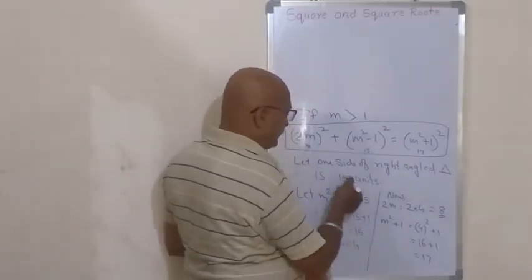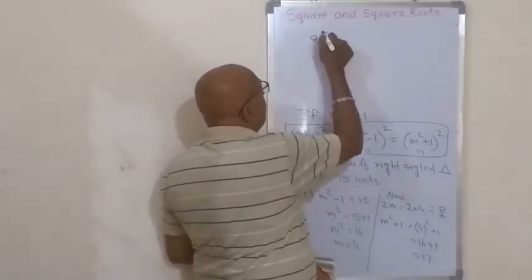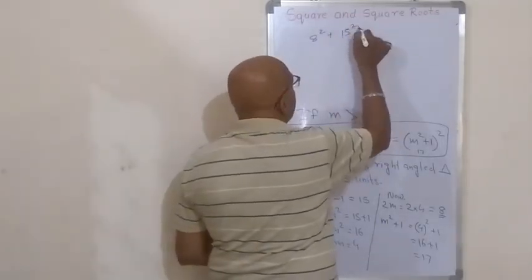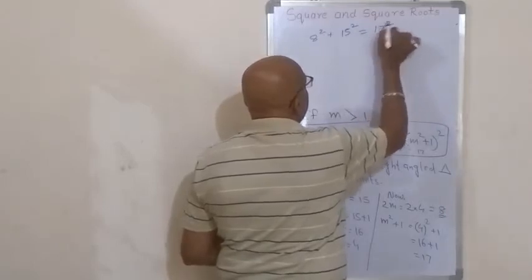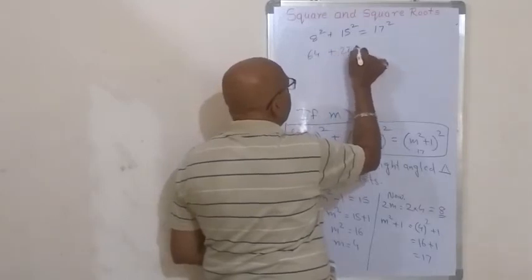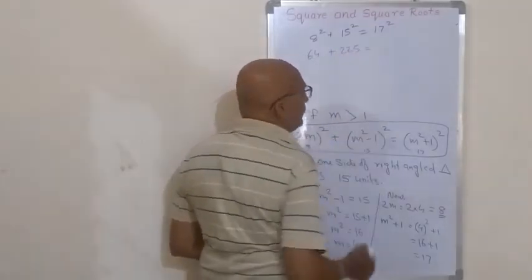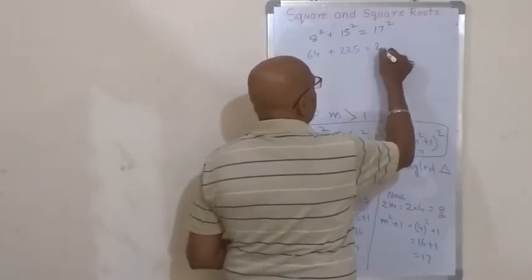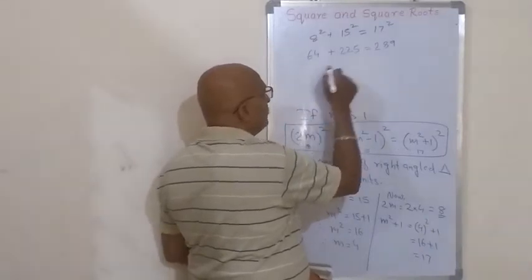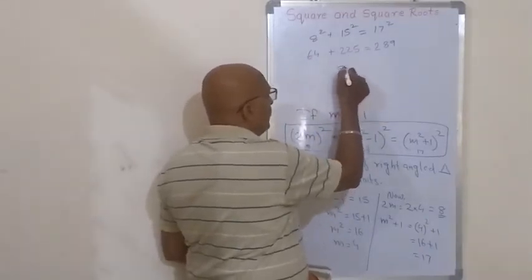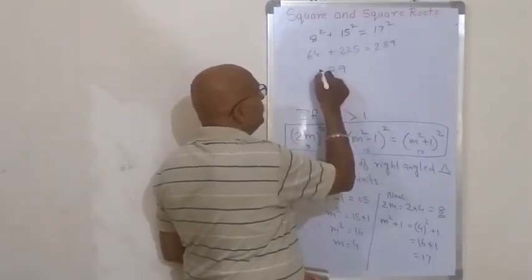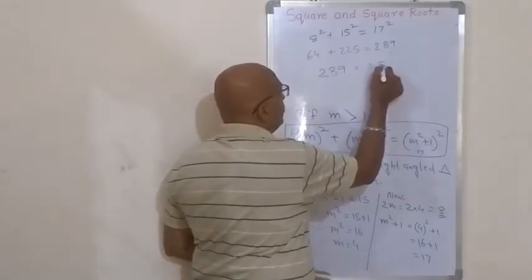What is 8 square? 8 square plus 15 square should be equal to 17 square. Now 8 square is 64, 15 square is 225, equal to 17 square is 289. Now let's add this: 5 plus 4 is 9, 6 plus 2 is 8, and this 2 is alone, so 289.